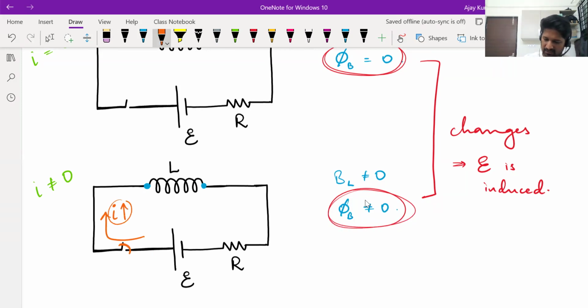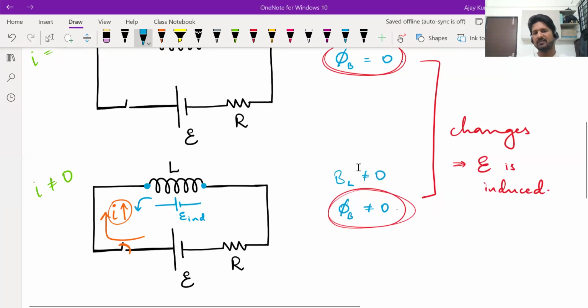Then the induced EMF will try to oppose it. So induced EMF in the inductor will be like this. It will try to drive current in the opposite direction and reduce the current, reduce the change in flux.